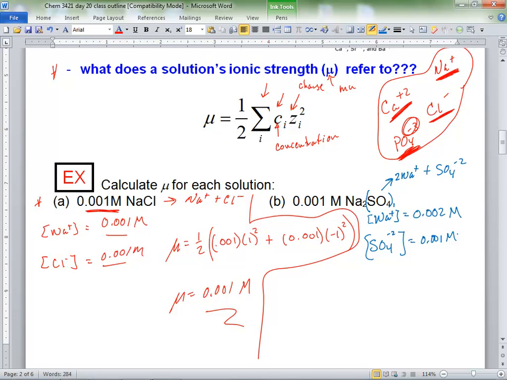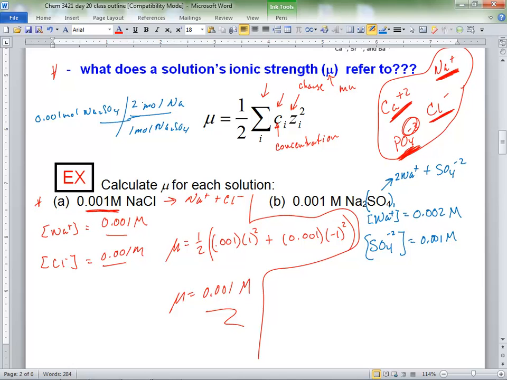You know, if you weren't sure, you could actually do it this way: 0.001 moles of sodium sulfate, and then in 1 mole of sodium sulfate, how many moles of sodium? 2. So that works that way too. It's the same idea, and I'm just going by the chemical formula.